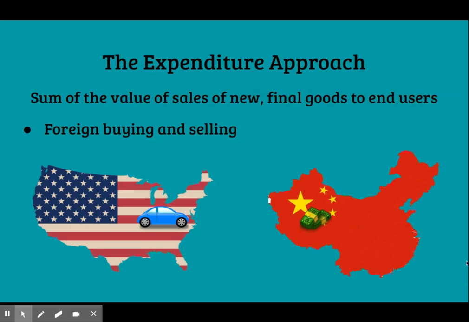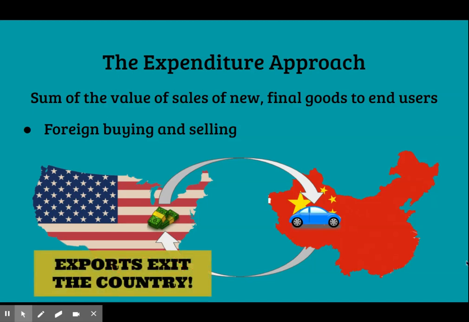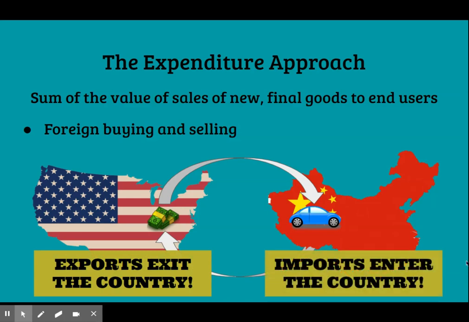The domestic producers sell their goods to the foreign buyers. The country that made and sold the good calls that an export, and that adds value to their GDP. The country that buys the good calls it an import and subtracts its value from their GDP. Net exports is symbolized as X minus M, or sometimes as X sub M.